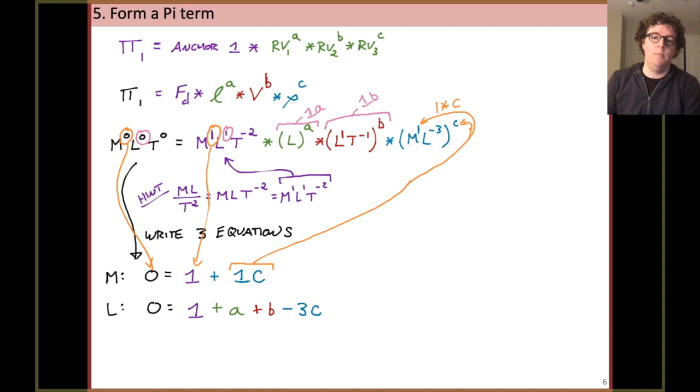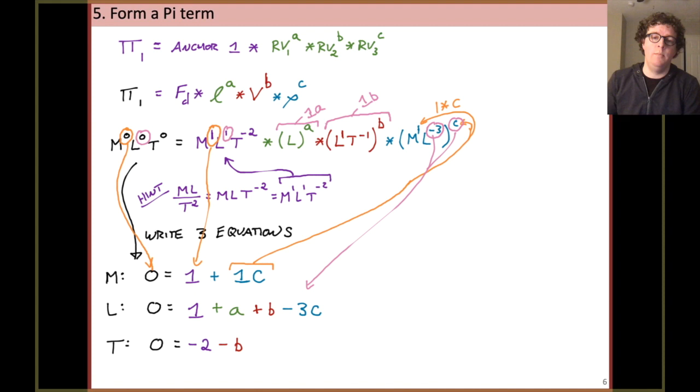And in this third term, we've got a minus 3 multiplied by c, so those show up as minus 3c. So we're taking those dimensions and turning them into separate descriptions of the exponents for mass, the exponents for length, and finally the exponents for time. Time has contributions from the anchor variable in purple and from velocity, where time is in the denominator.